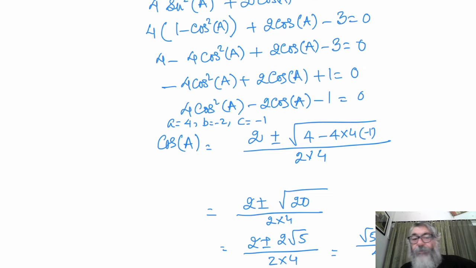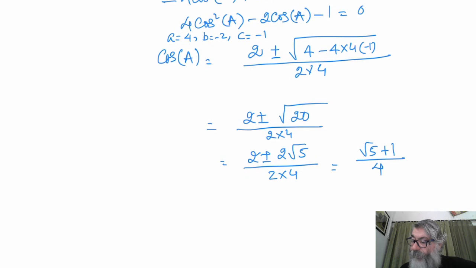I am going to take only the plus sign, because cos 36 will be positive as it is falling in the first quadrant. So cos 36 actually comes out to be root 5 plus 1 upon 4.